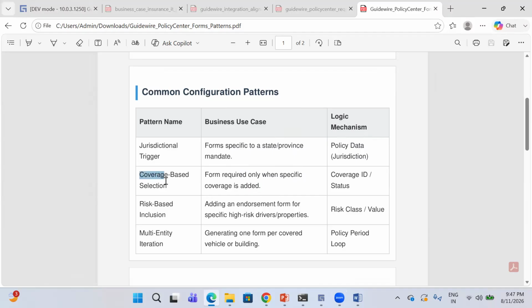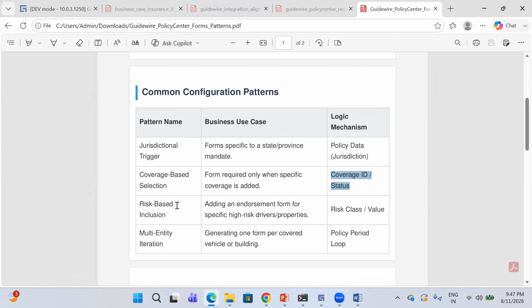Based on the coverage selection, like non-commercial auto liability or auto bodily injury, non-commercial means the vehicle is not a commercial one; it's a personal auto, but the purpose is business. So for any specific coverage that is added, you have to add the coverage ID as the status here.